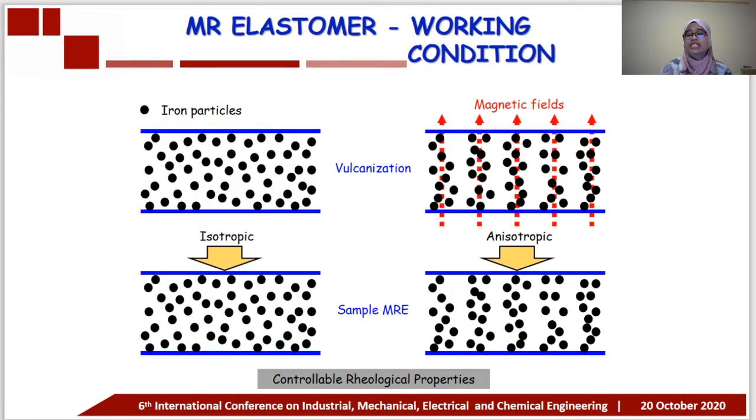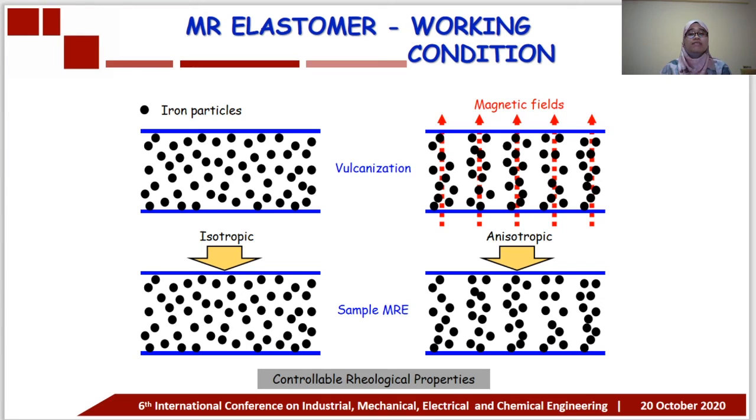This is the condition of MRE that has been mentioned earlier. Vulcanization or curing of MRE would determine the type of MRE at the end of the curing process. If there is absence of magnetic field during curing of MRE, then the iron particles would be embedded or locked in the rubber-based matrix in a random manner, and it is called isotropic.